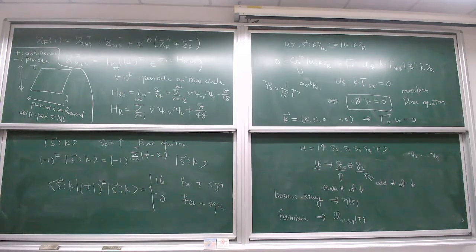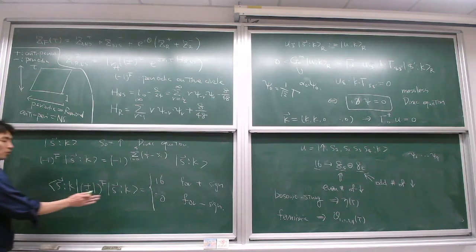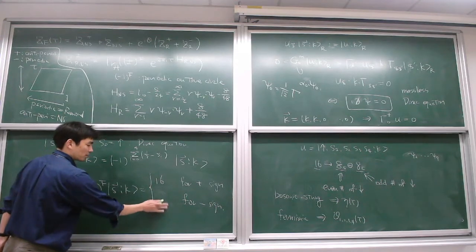Am I correct? Sorry, I just got confused. Why is it minus sign? It should be 1, right? Plus minus 1.